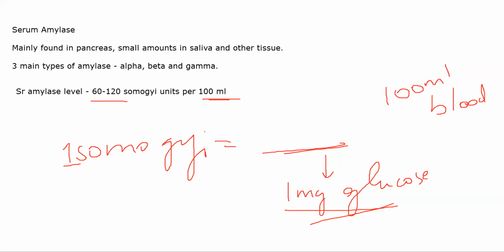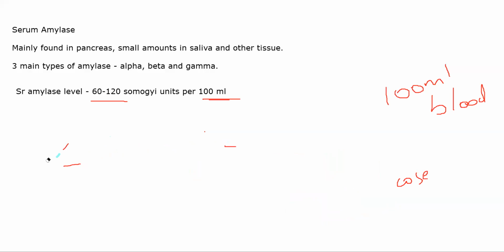Specific conditions where serum amylase increases: it occurs in acute pancreatitis. One of the first tests you do to diagnose acute pancreatitis is checking serum amylase.